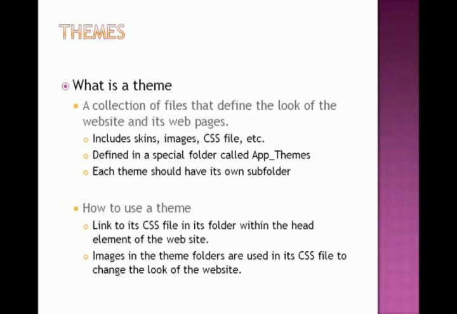We will talk about the skins later, and this week I will introduce you to themes and the different types of themes and how we can use them in our websites. Next week I'll show you how you can programmatically apply changes and themes to your pages, and also how to extend the themes by using skin files.